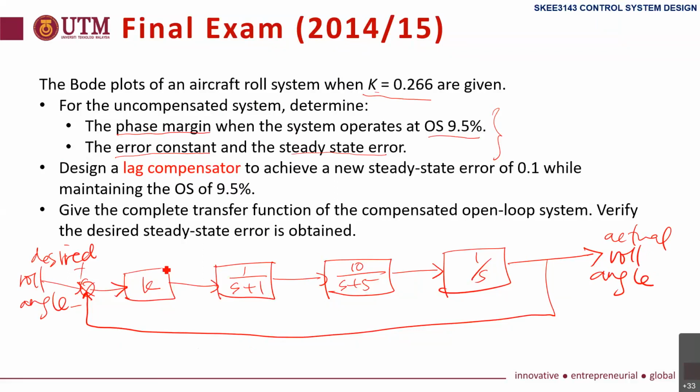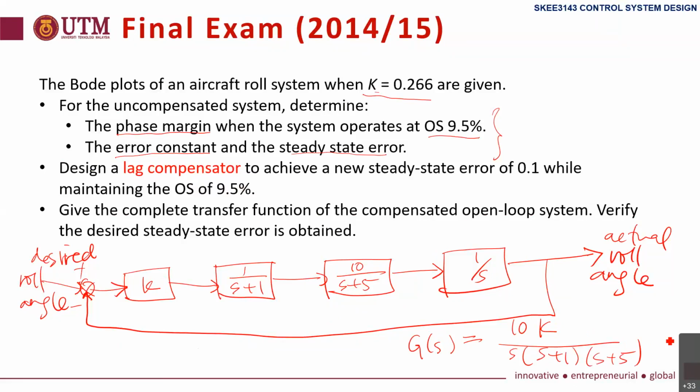From the block diagram, we can obtain the open loop transfer function, GS. We can multiply all together: K over S, 10K over S, S plus 1, S plus 5. I multiply all the 4 blocks, we get this one.